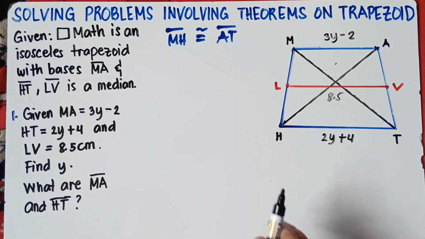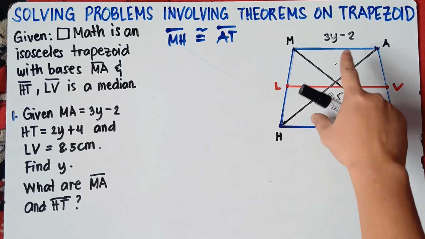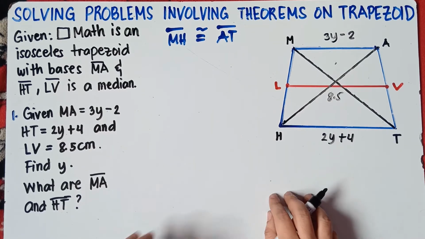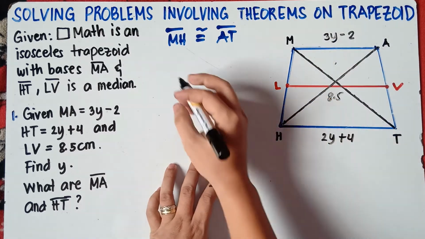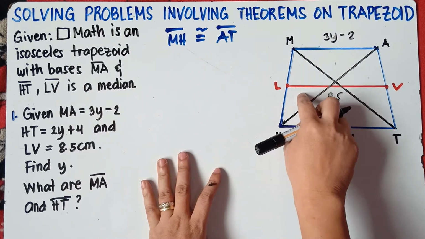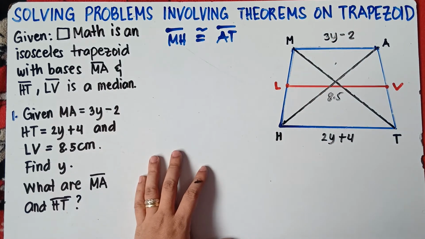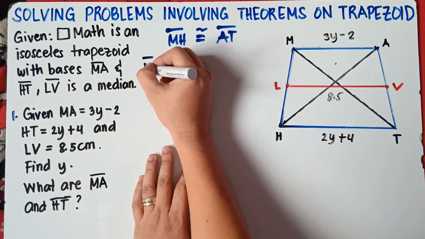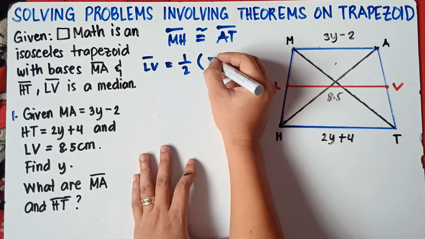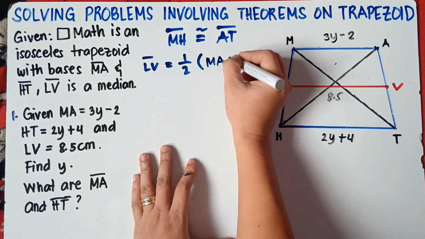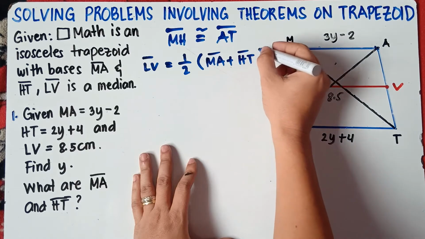To answer this one, class, you need to recall the formula in finding the median of the trapezoid. What's the formula, sir? The median is 1/2 the sum of the bases. So the formula is LV, line segment LV, equals 1/2 the sum of the bases, MA plus HT, line segment MA plus line segment HT.